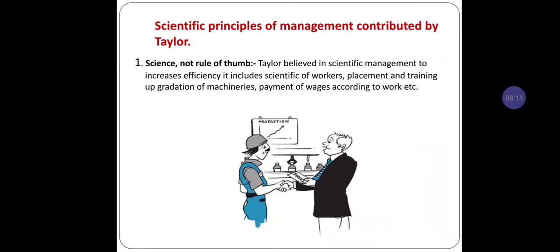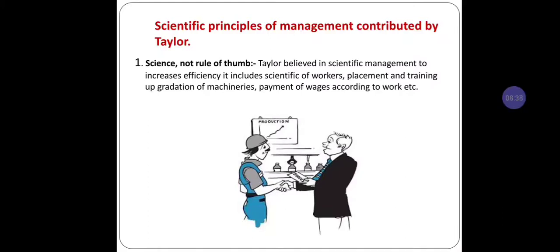First one, science, not rule of thumb. It's very simple. Scientific management increases efficiency. How does it increase efficiency? By appointing workers, placement, giving training, upgrading machines, and providing wages or a salary to the workers. How is it possible?